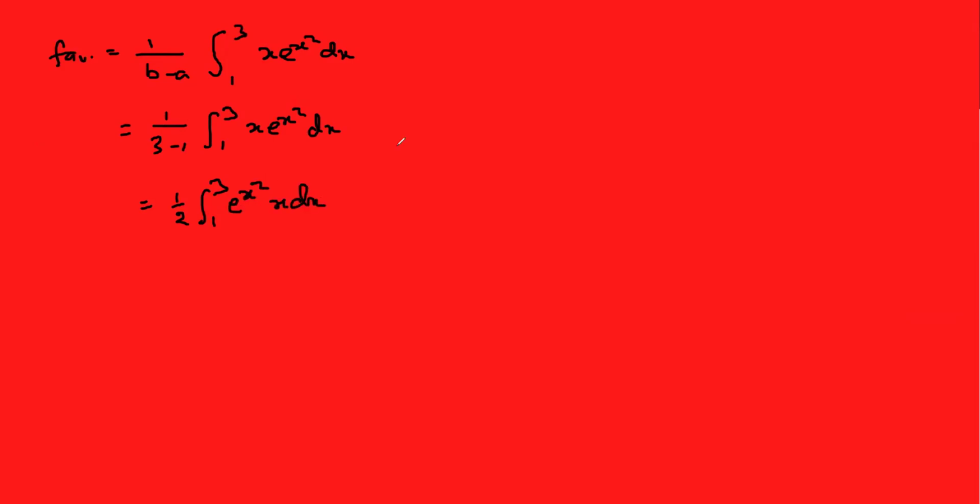See, use integration by parts only when e^x into x is given. In this case, e^(x square) is given. So when you consider x square as t, you will get x dx. I told you to use the substitution rule only when its derivative is present in that integration, right? When you consider x square equal to t, you will get 2x dx equal to dt.